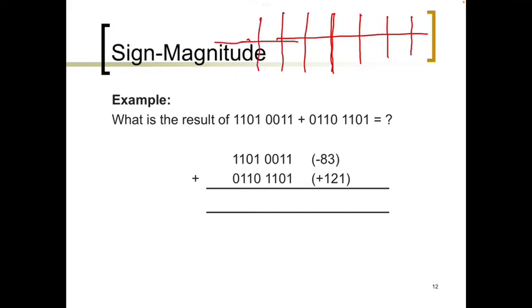As you know, we have 2 to the power of 0, 2 to the power of 1, 2 to 2, 2 to 3, up to 2 to the power of 7. So we have total 1, 2, 4, 8, 16, 32, 64, and then 128.